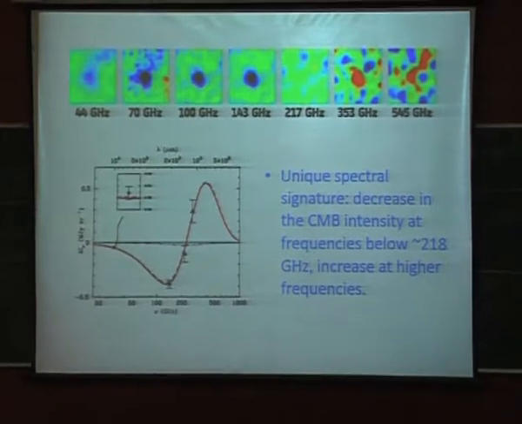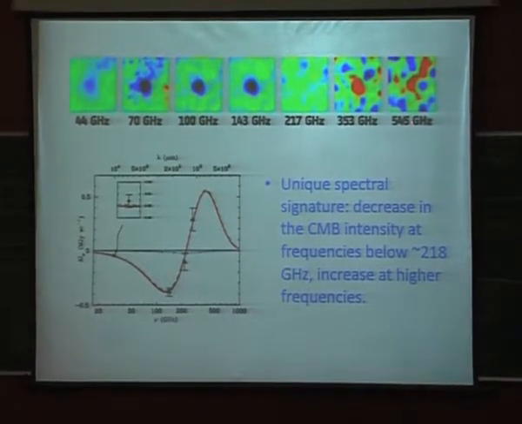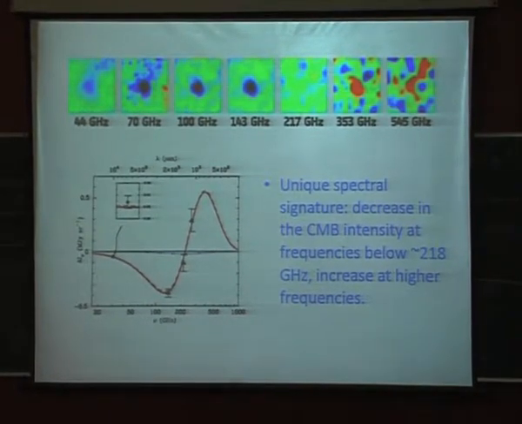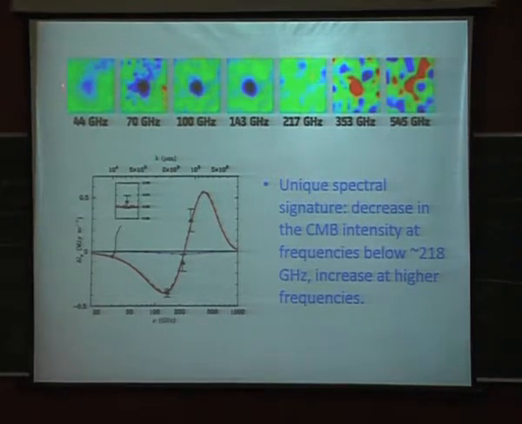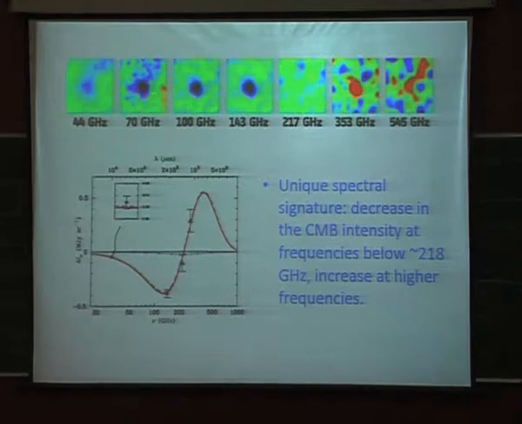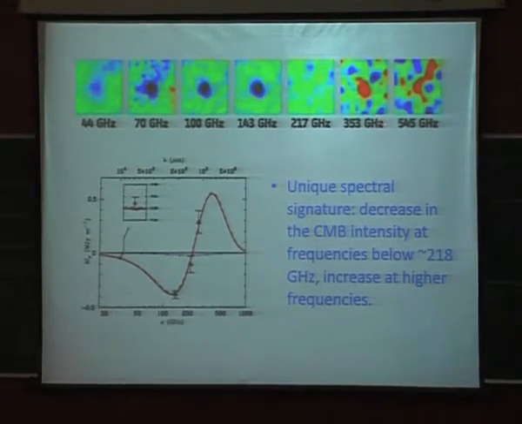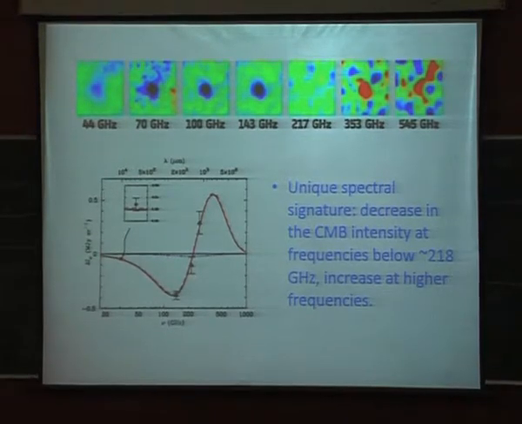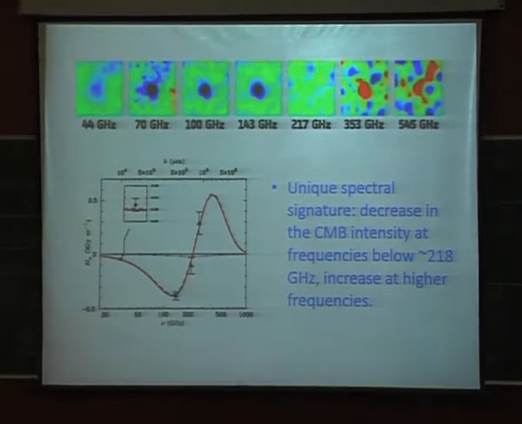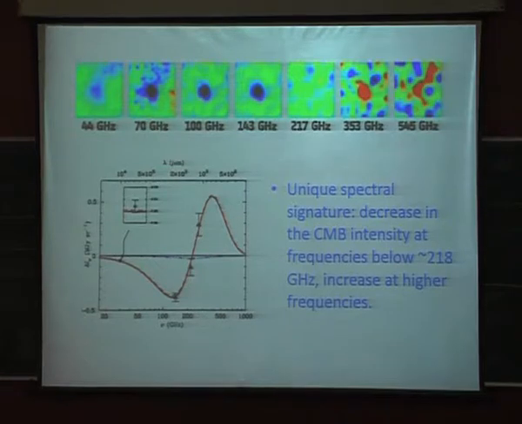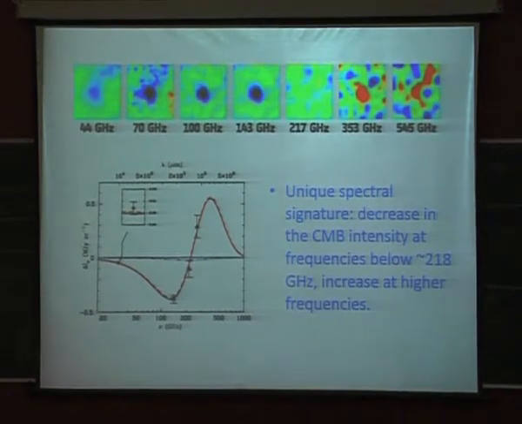You see hot at short wavelengths and a hole at long wavelengths, because photons are missing from here and there are extra here. That's because of this effect. So you see it in the map directly as a hole at some frequencies and an excess at higher frequencies.